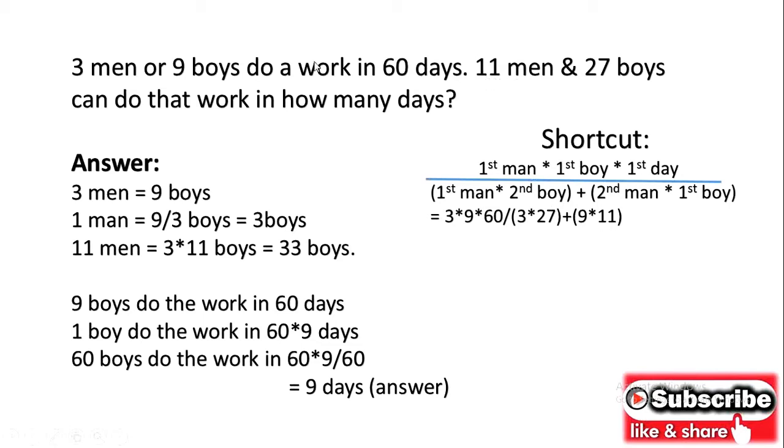First boy is here 9. So 9 multiplied by 11. So we get 3 multiplied by 27 is equal to 81 plus 9 multiplied by 11 is equal to 99, equal to 180. So if we cancel this, we do this math, we get 9 days.